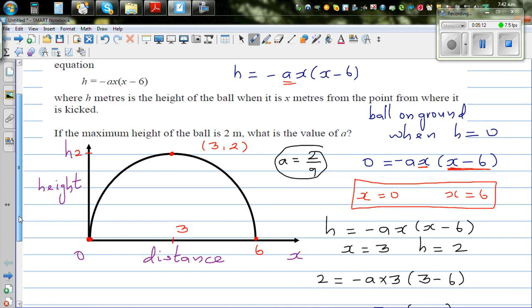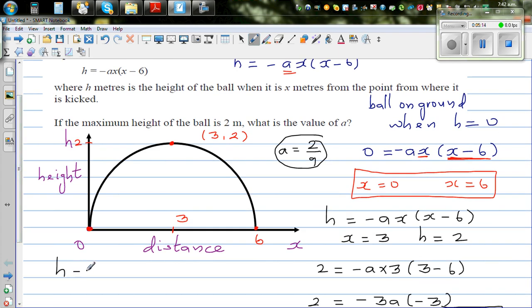So h = -2/9 x(x - 6). This is my graphic calculator, and we'll check whether this point is (3, 2), this point is (6, 0), and this point is (0, 0).